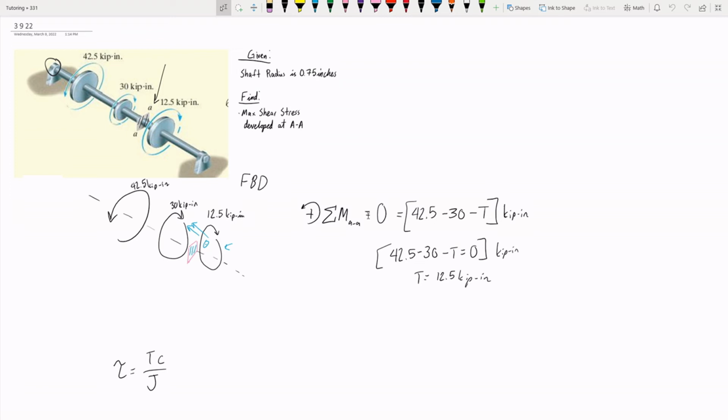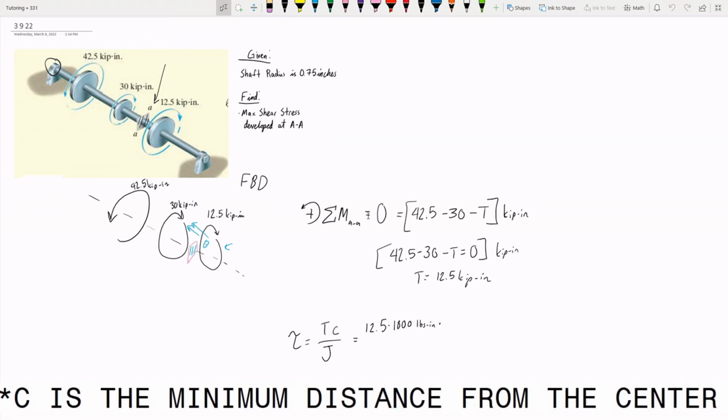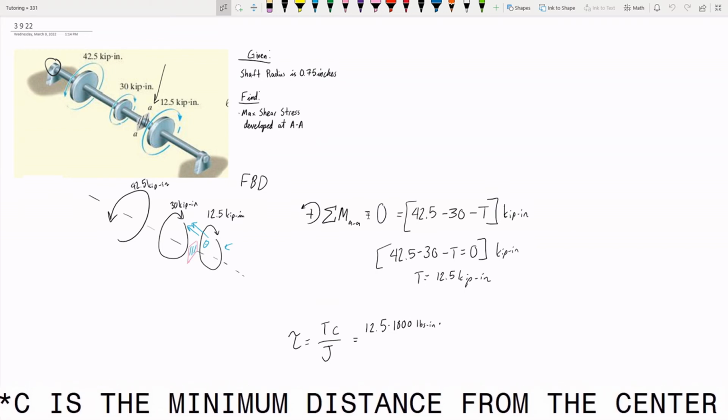Now we can go ahead and use that formula from earlier. 12.5 times 1,000 will give you pound-inches. And we're going to multiply that by the distance, in this case our radius, c, which is our distance away.